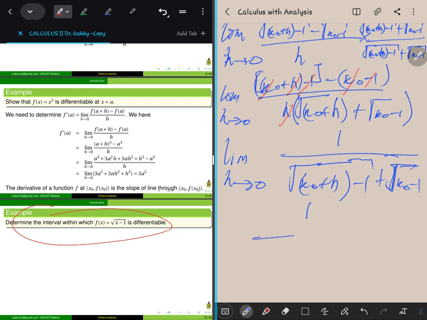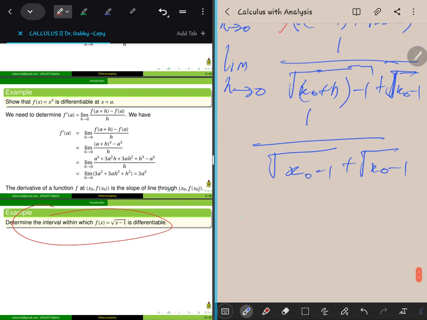We end up getting 1 over 2 square root of x naught minus 1, right?